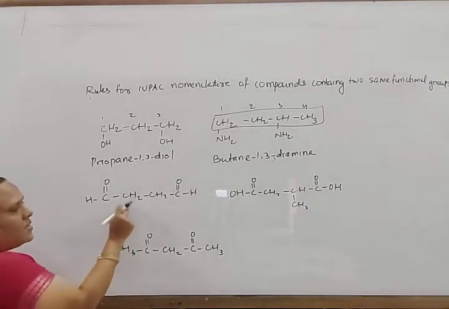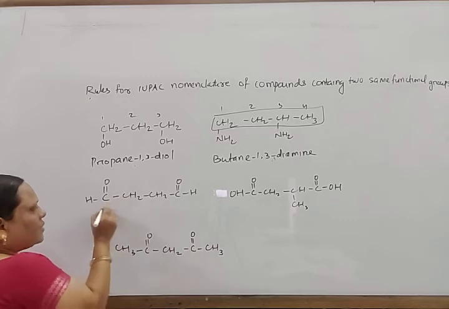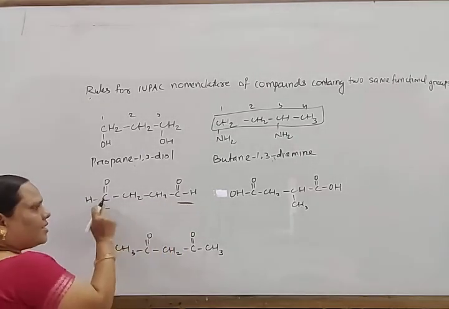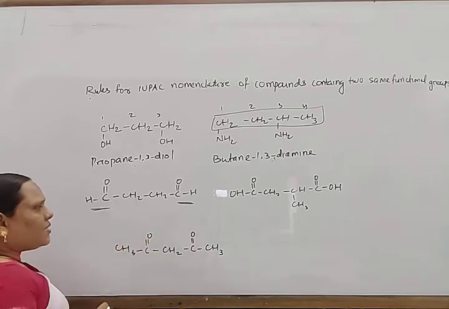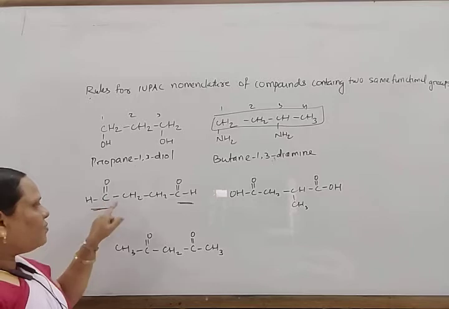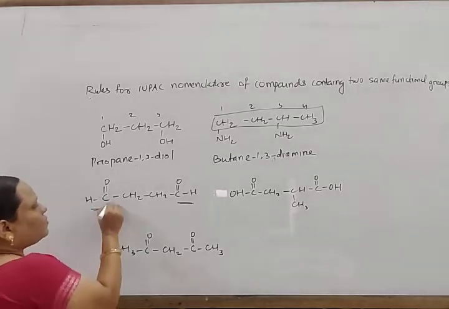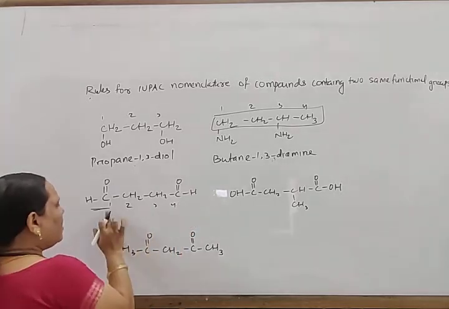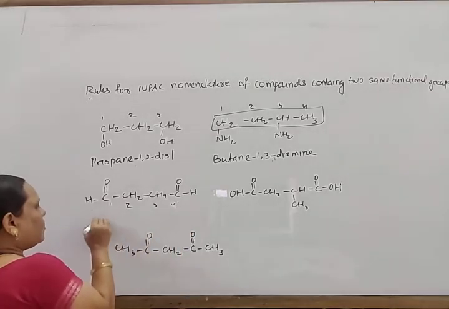Similarly, CHO, CH2, CH2, CHO. So what is the functional group here? Aldehyde and here aldehyde. And as the aldehyde contains the carbon, in this way that should be counted from here. The carbon of the functional group is also counted. So 1, 2, 3, 4, both sides same. In this way, name of this is butane.